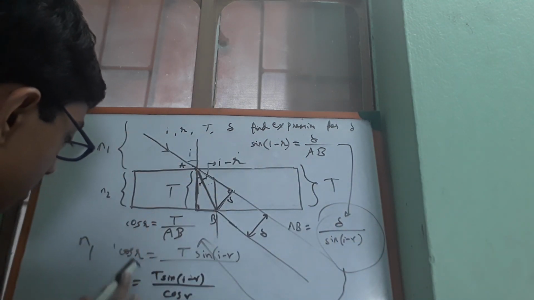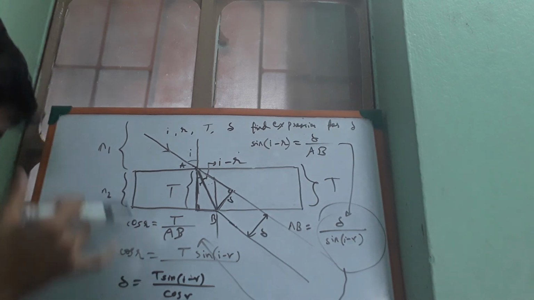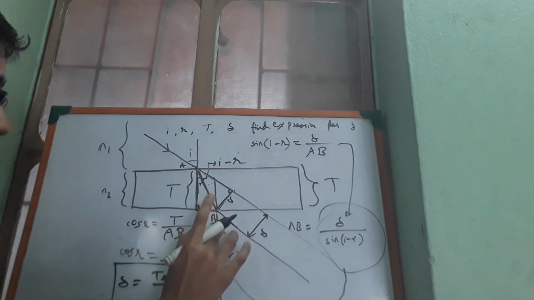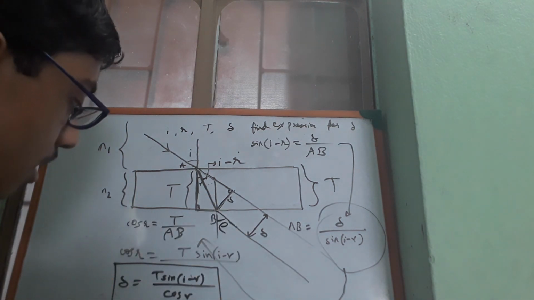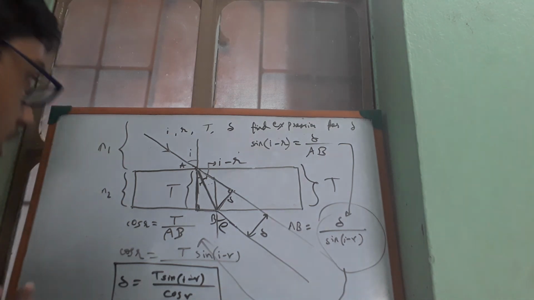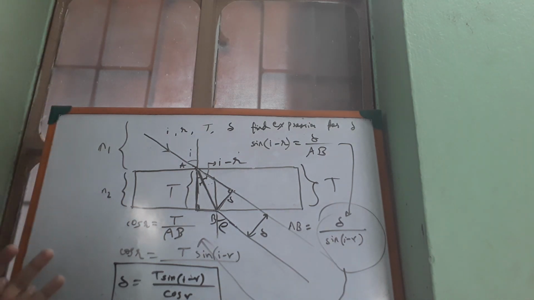So that is our formula, where I is the incident angle and R is the refracted angle. By the way, this is called the emergent angle, but we use this in the formula in this video. That's how we derive this, and this is a very important concept.